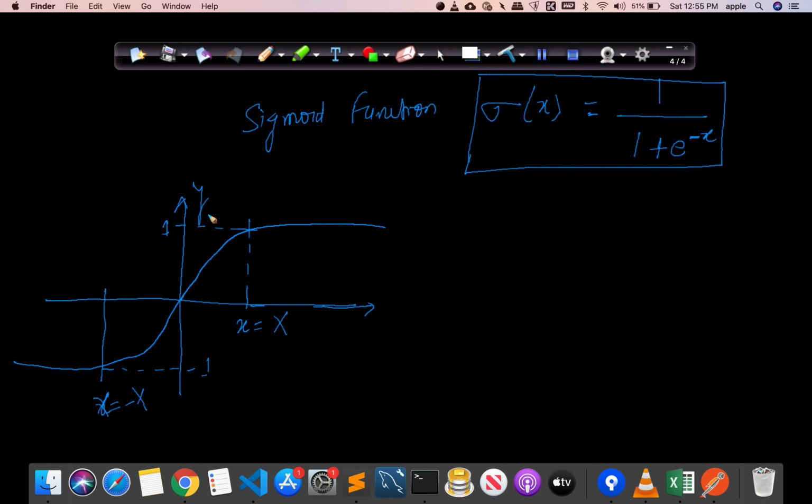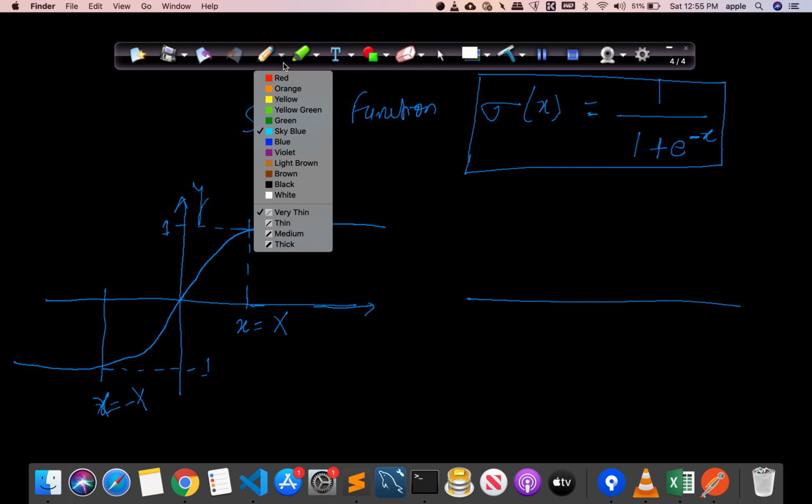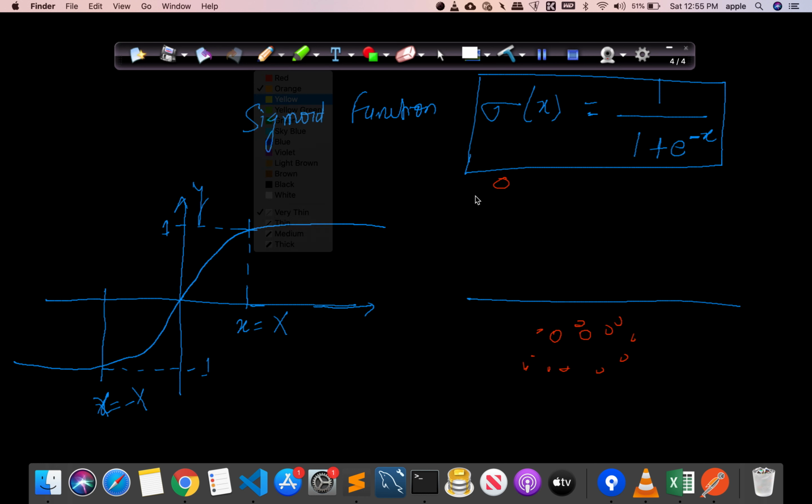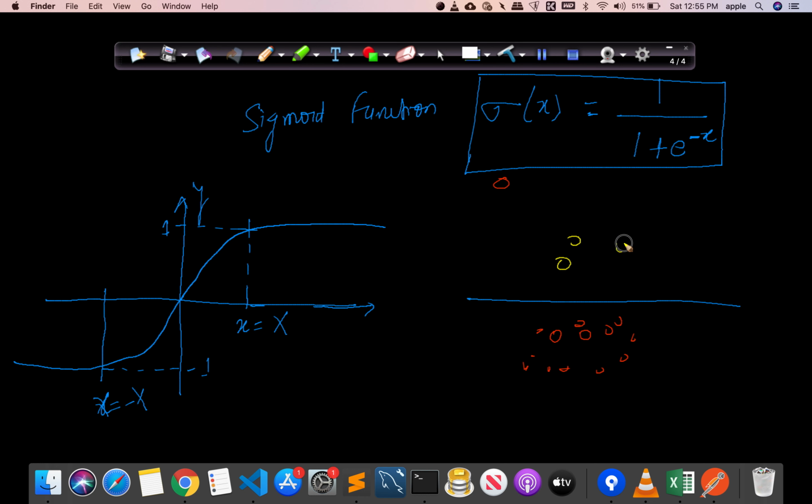Now how this is advantageous in our case is, suppose this is our plane, and we have some points belonging to class 2 here, and one point belonging to class 2 is lying there, and the rest of the class 1 points are here.